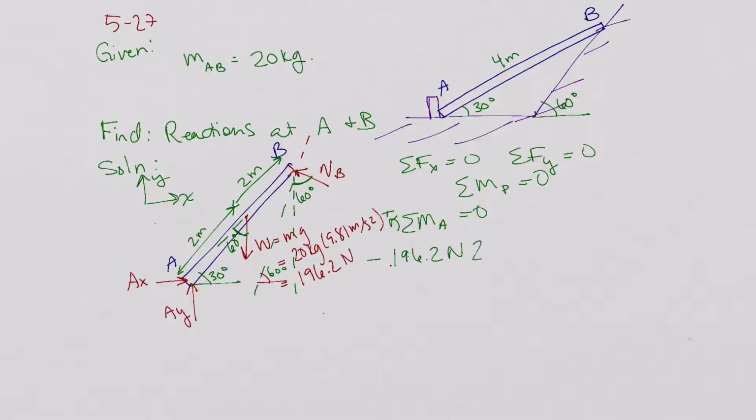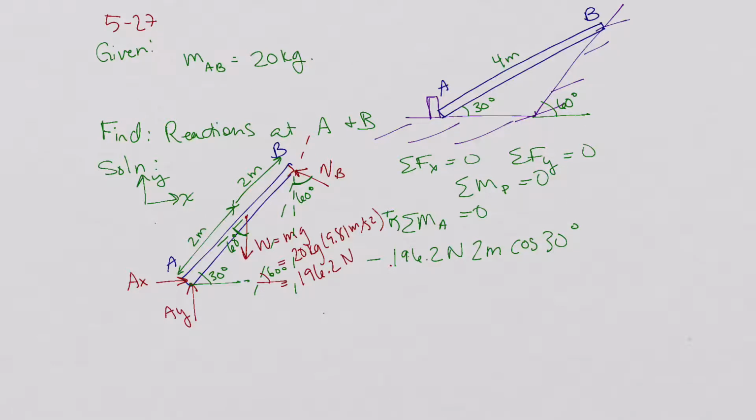So it's times 2 meters times the sine. Wait, we're doing the moment about A, due to that weight. So sorry, cosine of 30 degrees. So that's giving us this perpendicular distance to that weight.